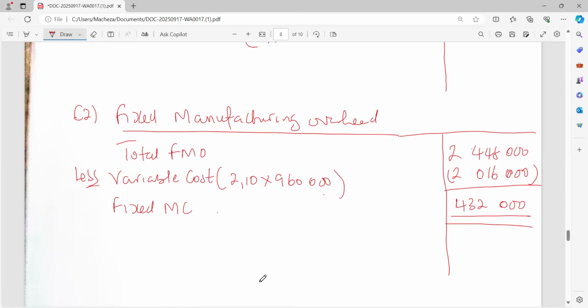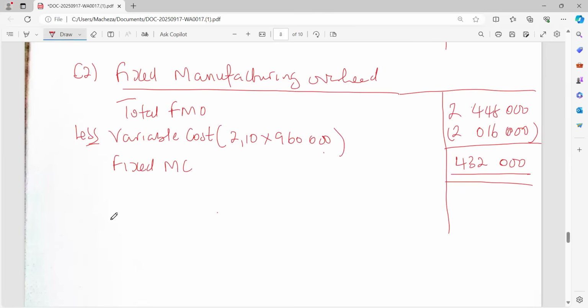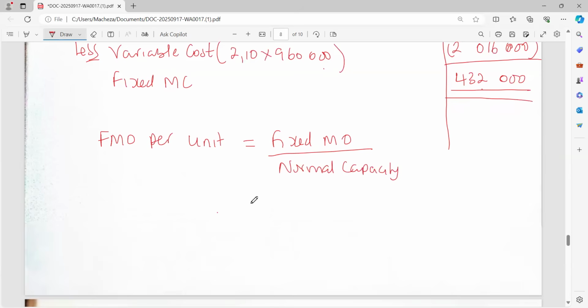The fixed manufacturing overhead per unit is the fixed manufacturing overhead over normal capacity, which is 432,000 over 960,000.